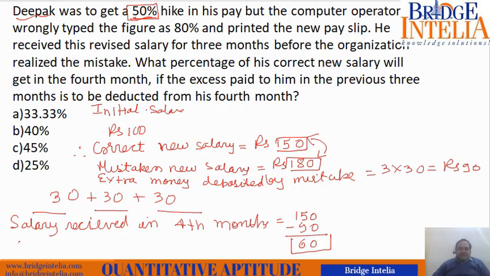So the percentage salary received: 60 is what percentage of 150? 60 by 150 into 100%. So 2 times, 3 times, 20. This comes out to be equal to 40%.